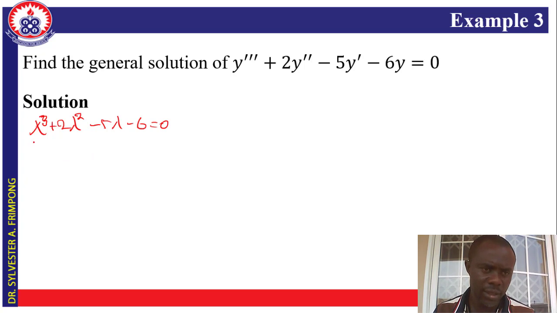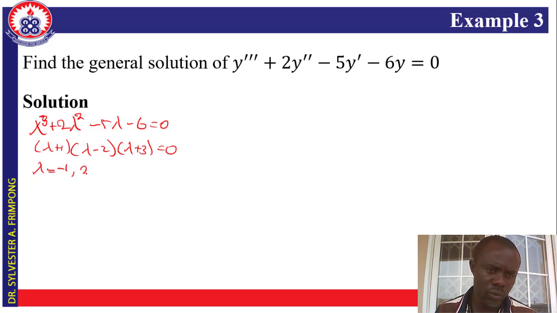When you factorize this, you get lambda plus 1, lambda minus 2, and lambda plus 3 equal to 0. So the roots are lambda equals negative 1, 2, and negative 3.